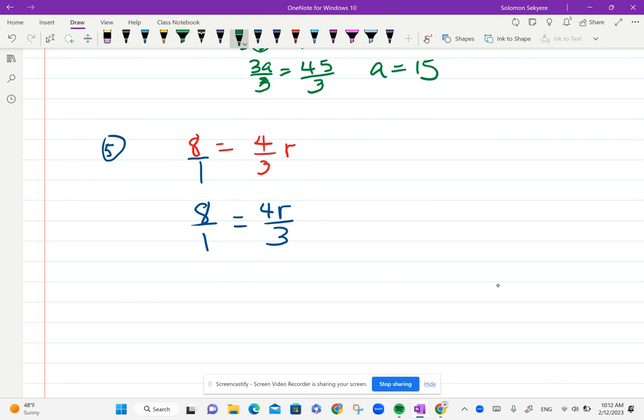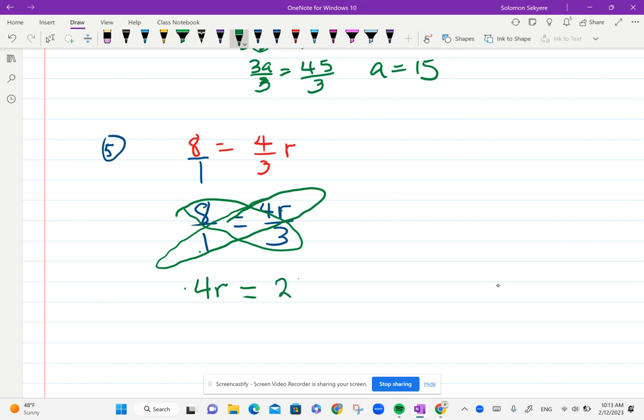Which wing of the butterfly? The wing that contains our variable. We do that first and put it on the left. 4r times 1 is 4r. What is next? It should be equal to 8 times 3, 24.